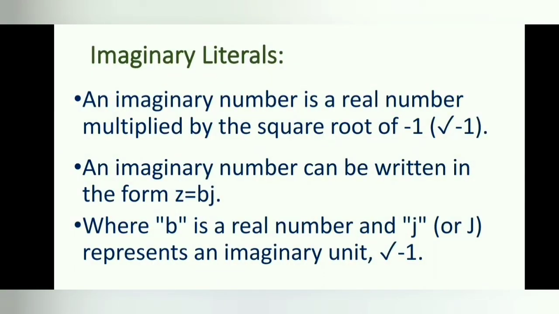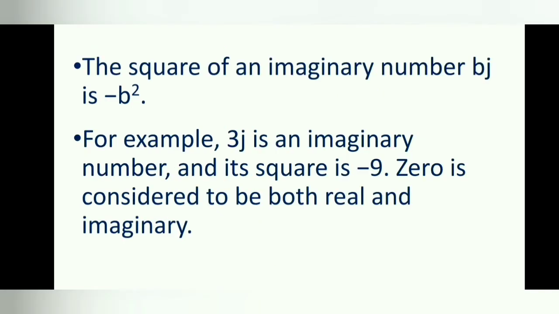Imaginary literals. An imaginary number is a real number multiplied by the square root of minus 1. An imaginary number can be written in the form of z equals bj, where b is a real number and j, uppercase or lowercase, represents an imaginary unit, square root of minus 1. The square of an imaginary number bj is minus b square.